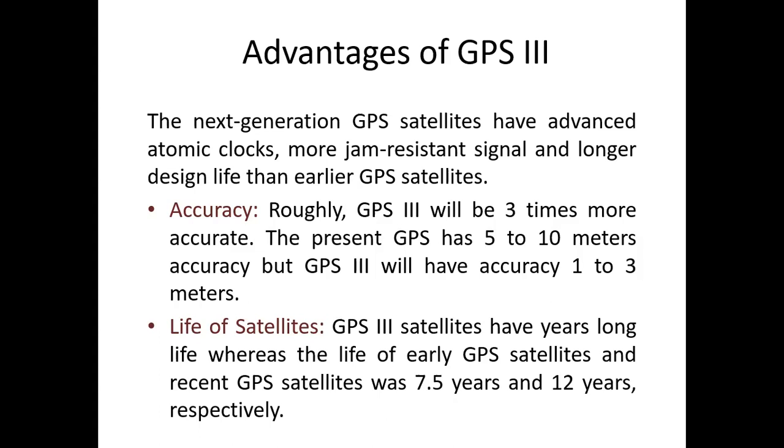At present, we have 5 to 10 meters accuracy, but with GPS-3, there will be accuracy from 1 to 3 meters. And the lifespan is larger for these GPS-3 satellites. Previously, it was 7.5 years, but these satellites will have a 12 year lifespan.